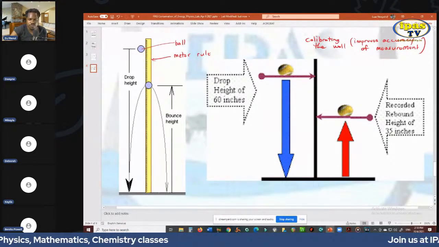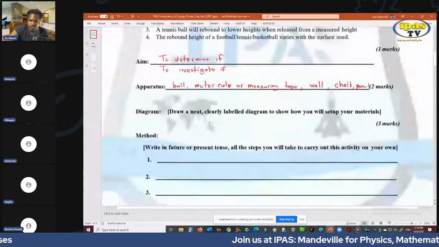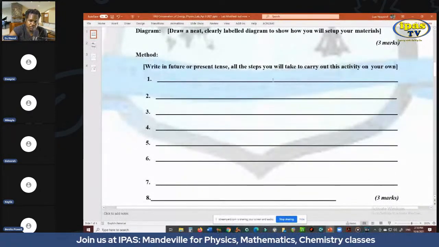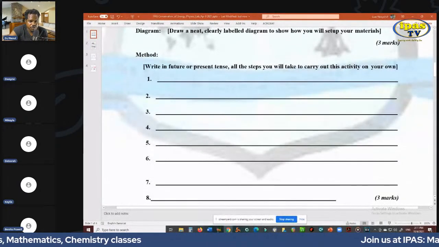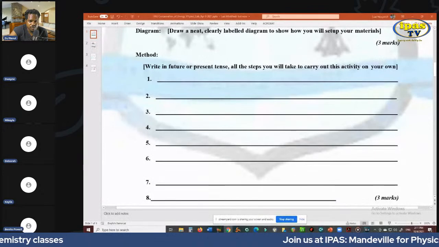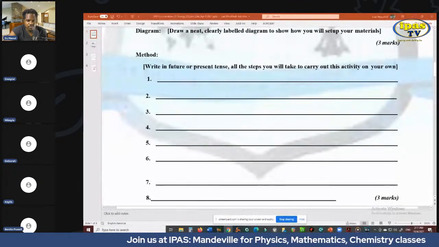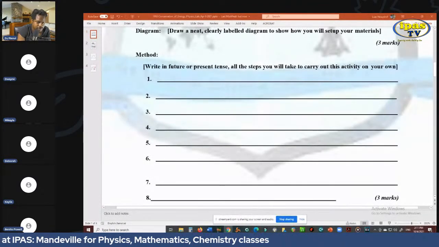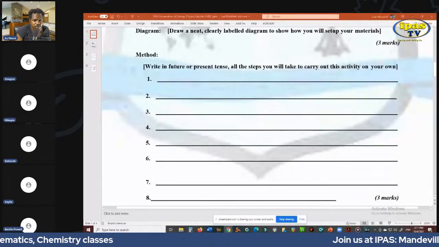Now let's continue. We have the method that we're going to have to talk through. Now notice the instructions here. Let me just highlight this one so you can see it on the screen.